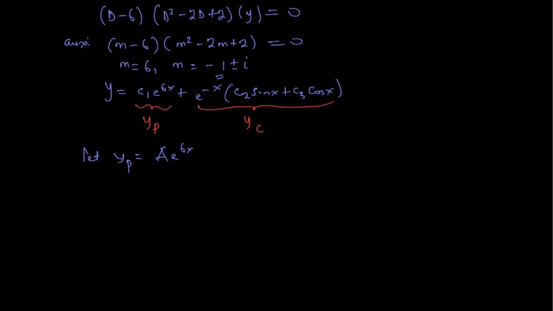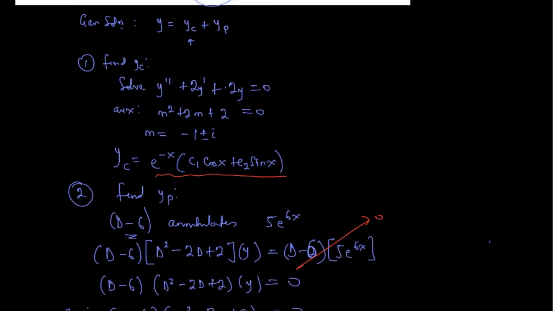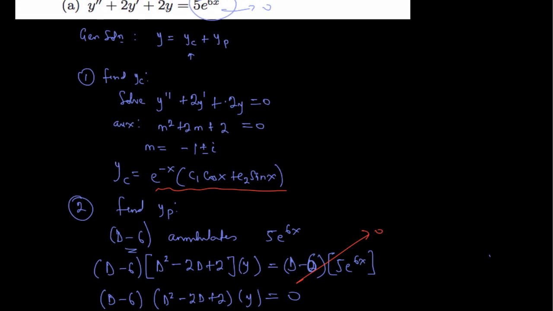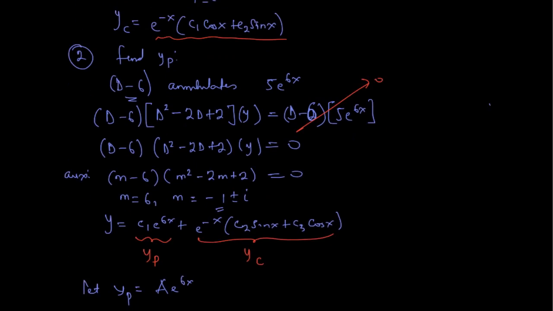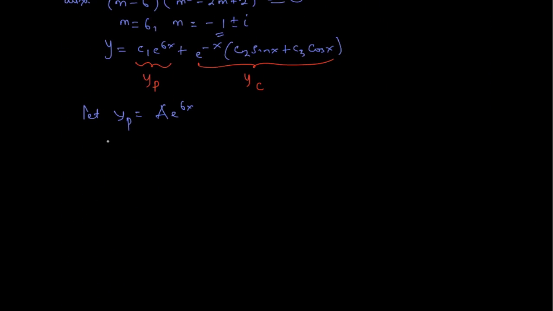Since we are assuming that yp satisfies this differential equation, when I substitute it in, I must get 5e to the power 6x. So I need to find the derivative and the second derivative. If yp is this, then yp prime would be 6a e to the power 6x, and yp double prime will be 36a e to the power 6x.